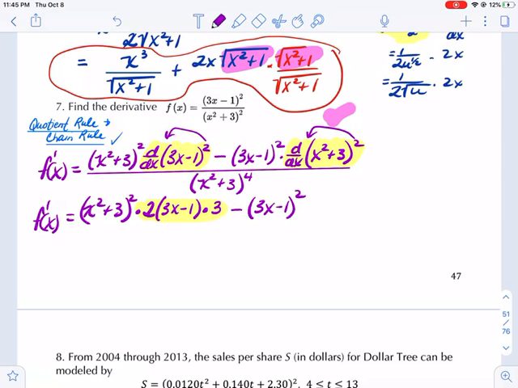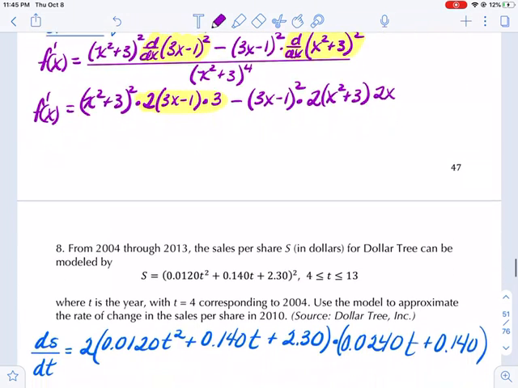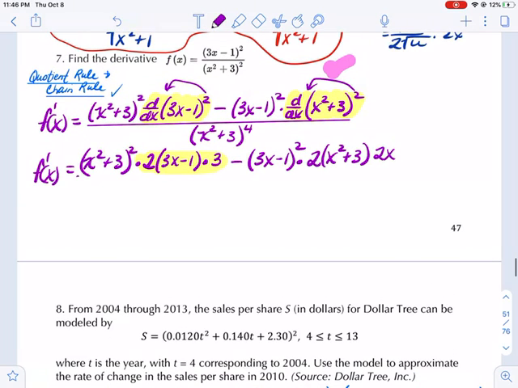I'm going to bring the power around front, so that's going to be 2 times the quantity x squared plus 3, and then I need the derivative of the inner function, x squared plus 3, so that's going to be 2x. The derivative of x squared plus 3 is 2x. Then I'm going to put that over the denominator, x squared plus 3, and that's to the 4th power.